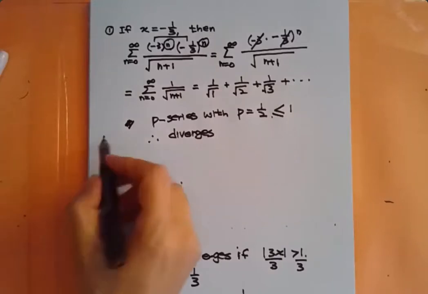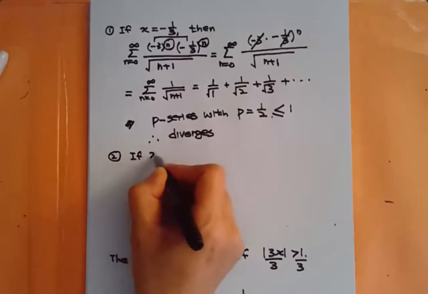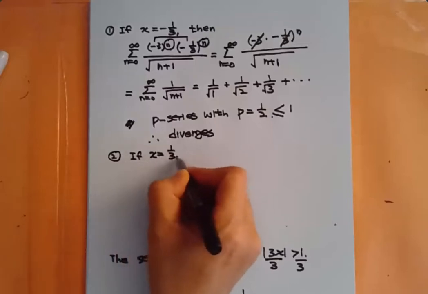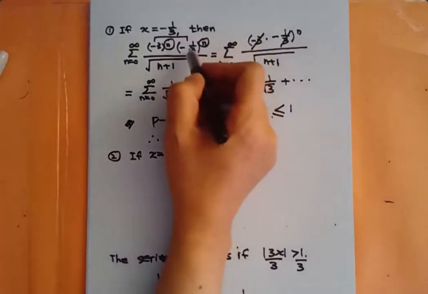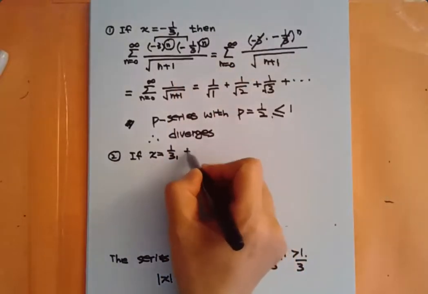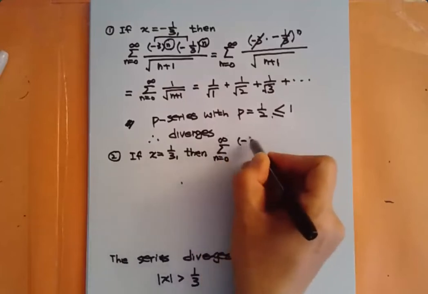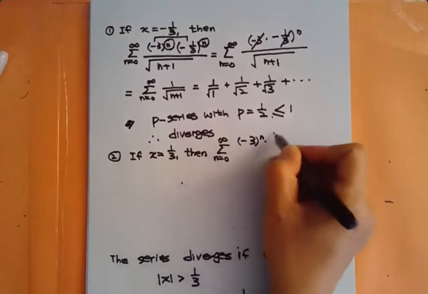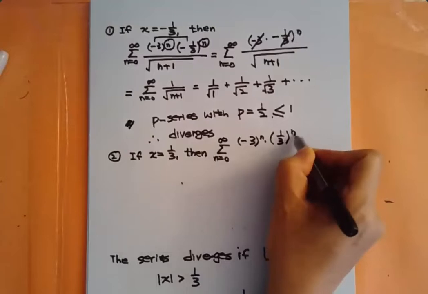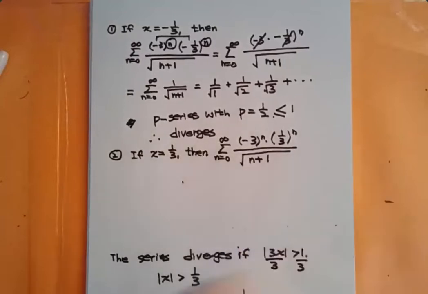The second one is if x equals 1/3. Then instead of negative 1/3, we will think about 1/3 here. So the summation n equals 0 to infinity of negative 3 to the n power times 1/3 to the n power over square root of n plus 1.